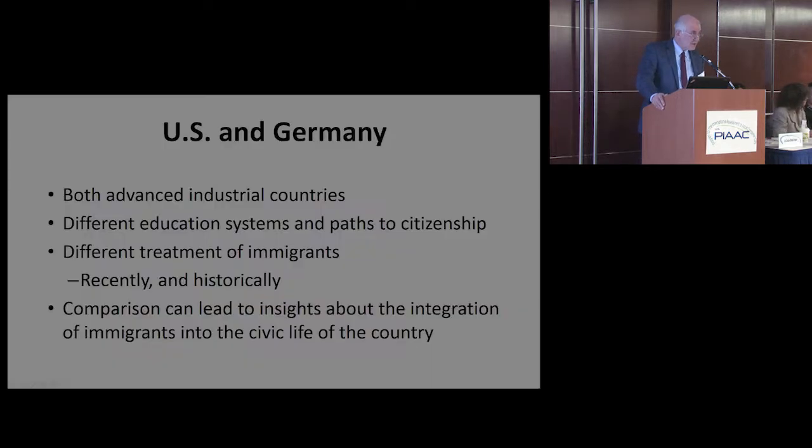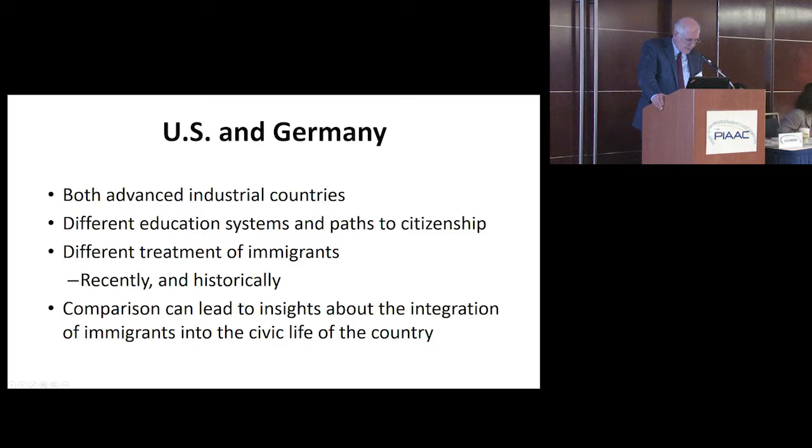So we examined differences in civic engagement between native-born and immigrant adults, both in the United States and in Germany. Obviously, the U.S. and Germany share many characteristics. They're large, wealthy, and vibrant democracies. Maybe not so much lately in the United States.